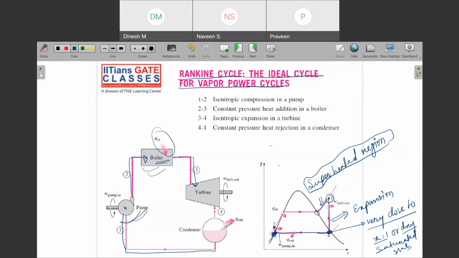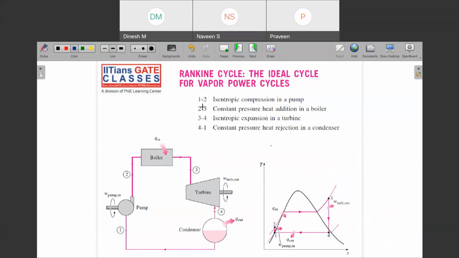Okay, so what are the various processes in this one? First one is isentropic compression in the pump. Can you see that there also we were doing nothing but isentropic compression? So this is just the extension of that one. But here, instead of constant temperature heat addition, we are working on constant pressure heat addition in the boiler.